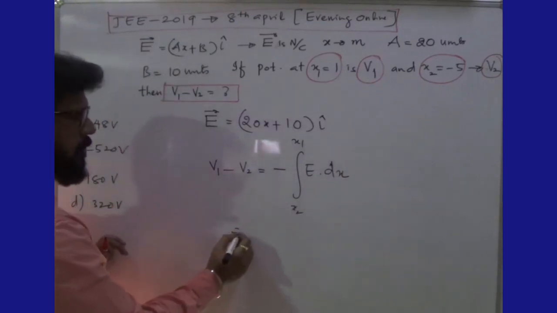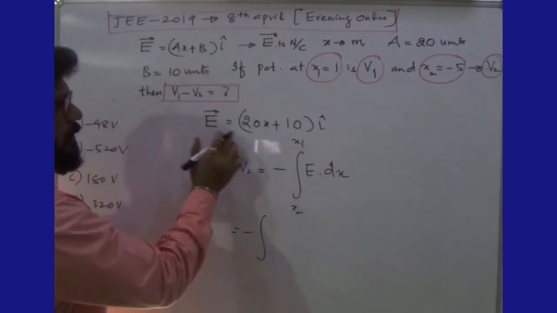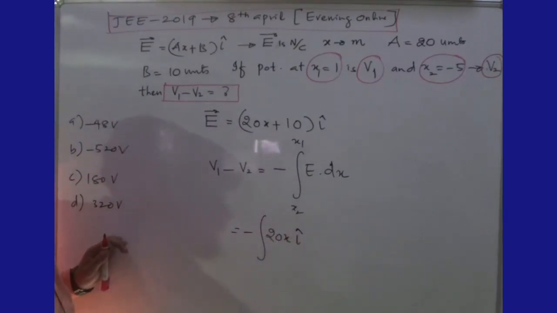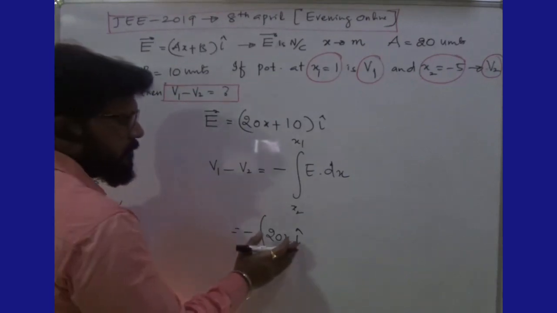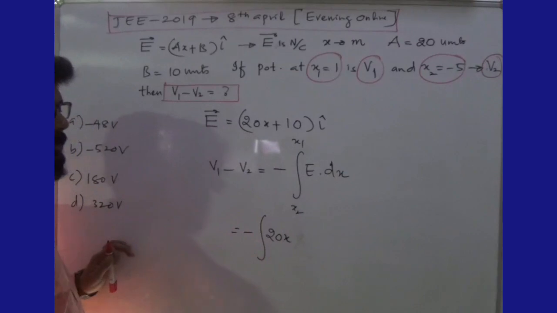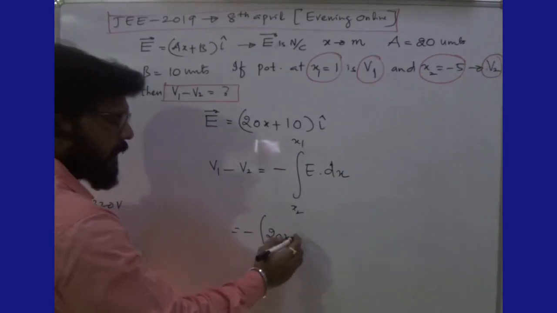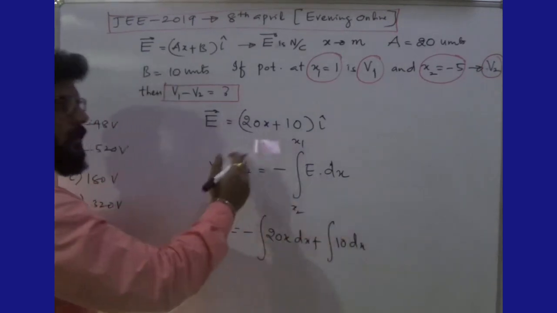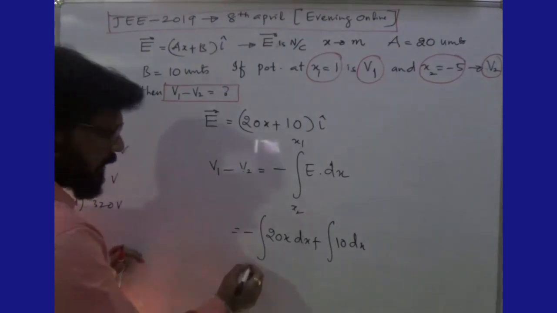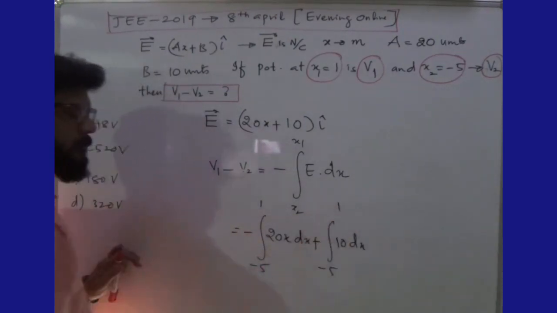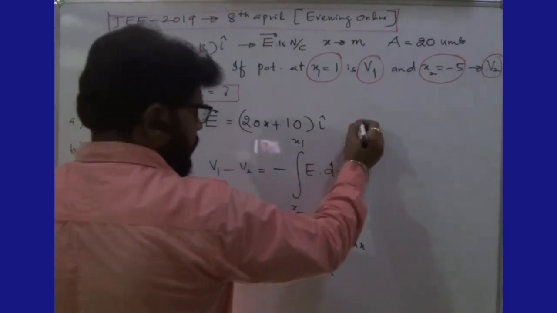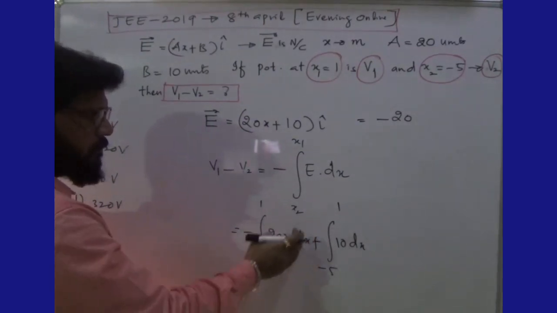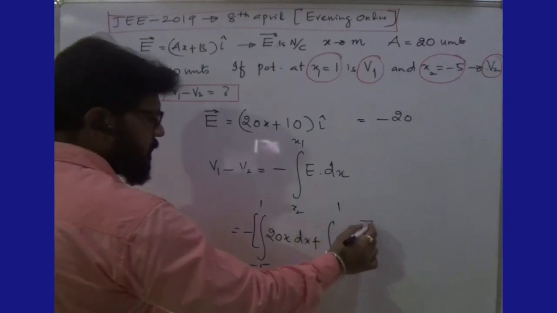Substituting, minus the integral of E, which is 20x plus 10 times dx, making both parts separate, from minus 5 to 1. Now what will I get?